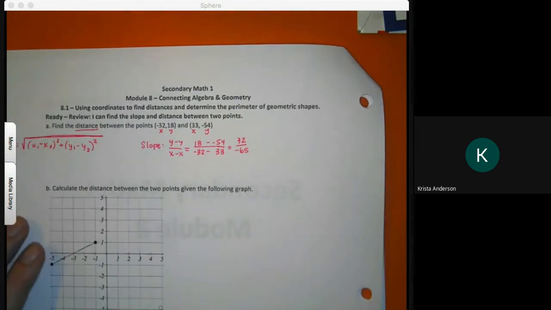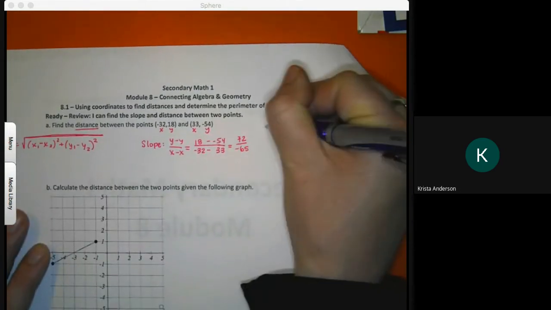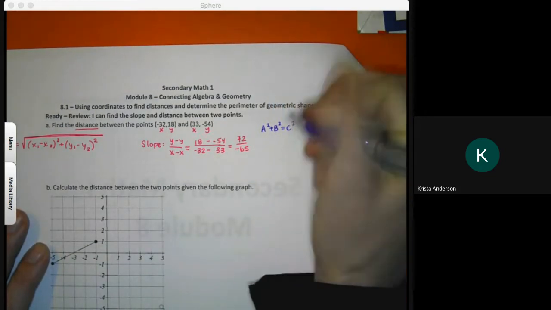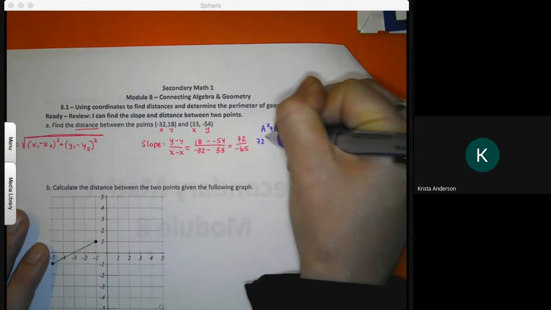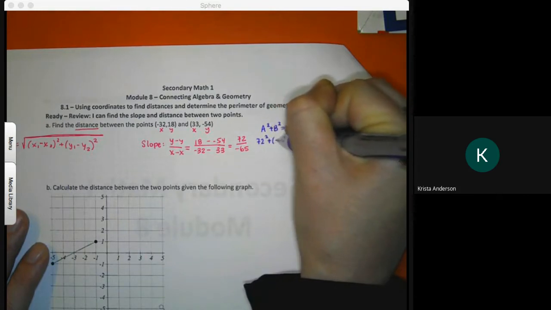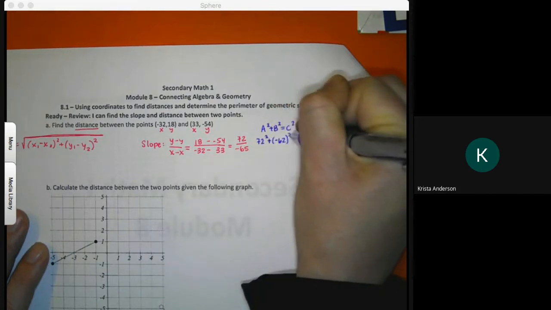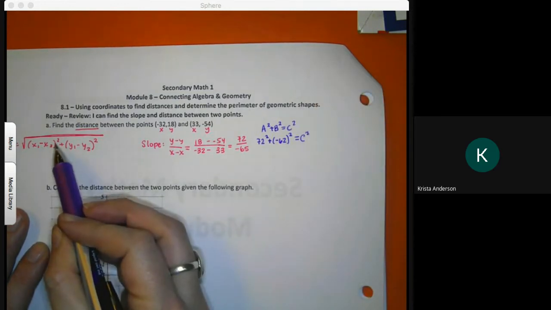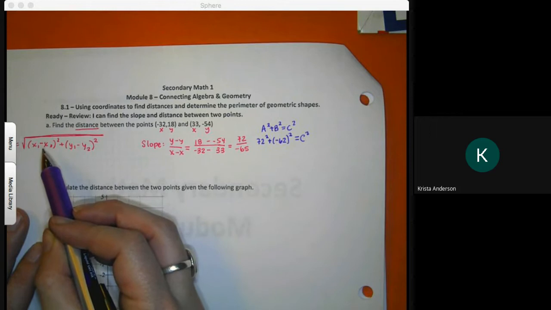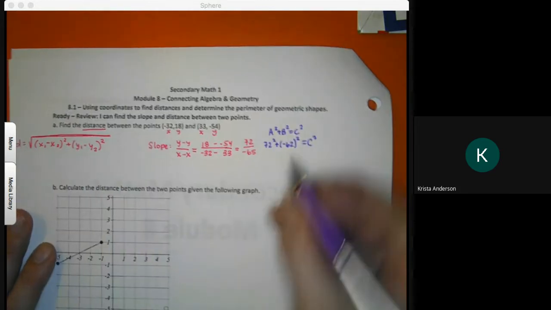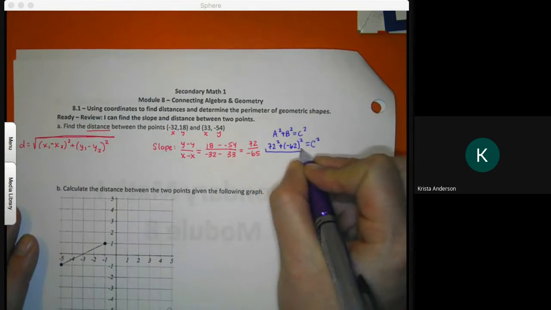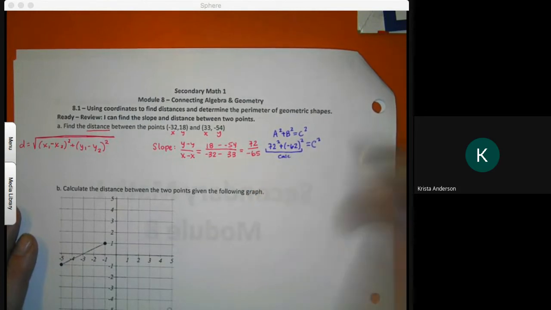Then, with those two values, I will plug them in. So I would have 72 squared plus negative 62 squared. When I square those and I enter this on my calculator, I'm going to enter it all at once.